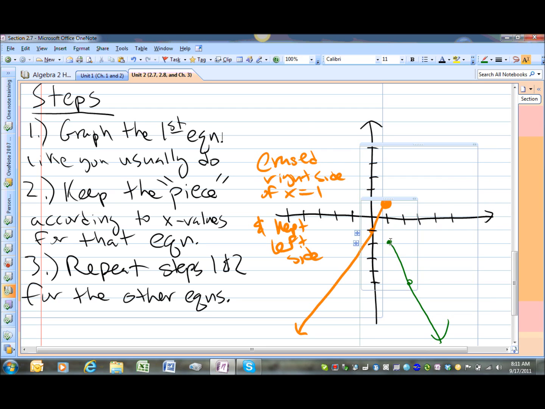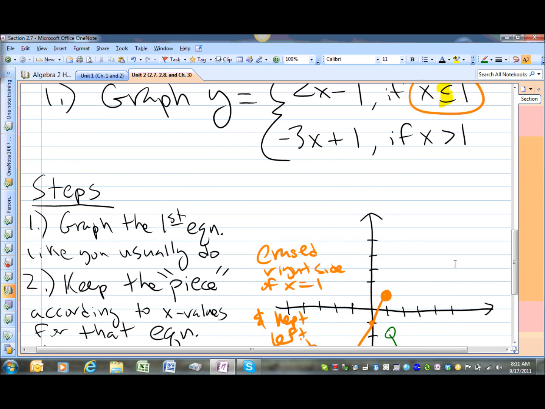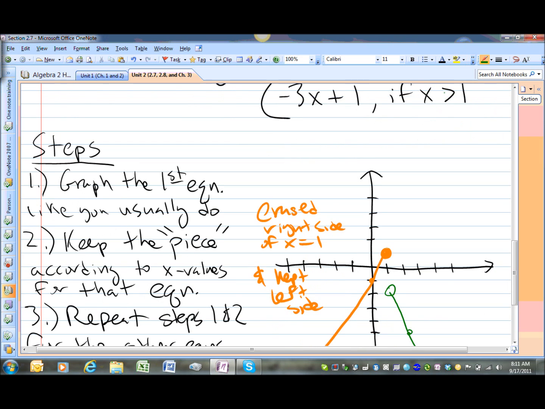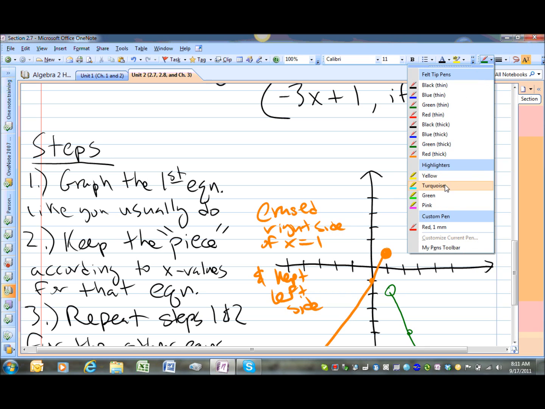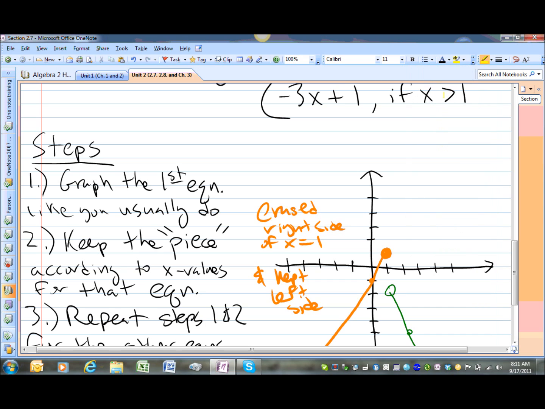Also, the thing is that it's got to be not filled in over here. We can't have a filled in dot at x equals 1 for the second line because remember, we want it to be greater, not greater than or equal to. Right? We want to be greater than.